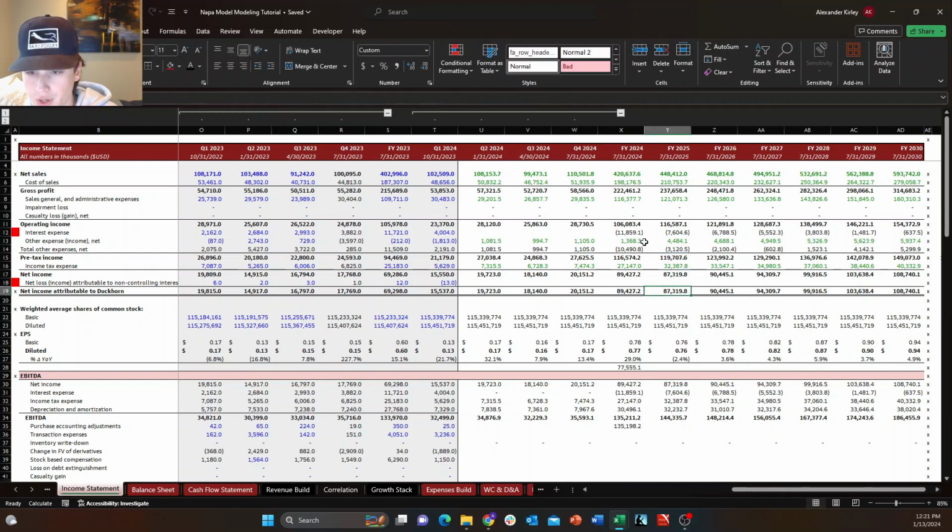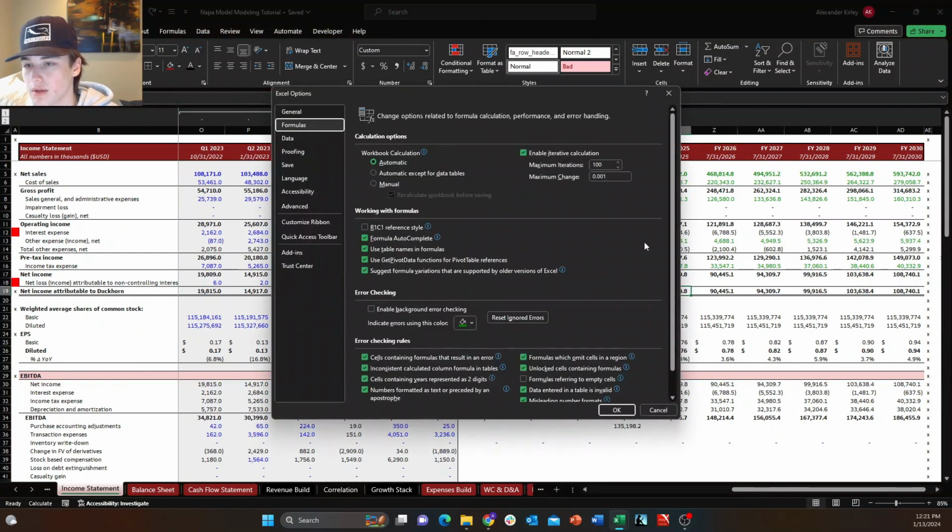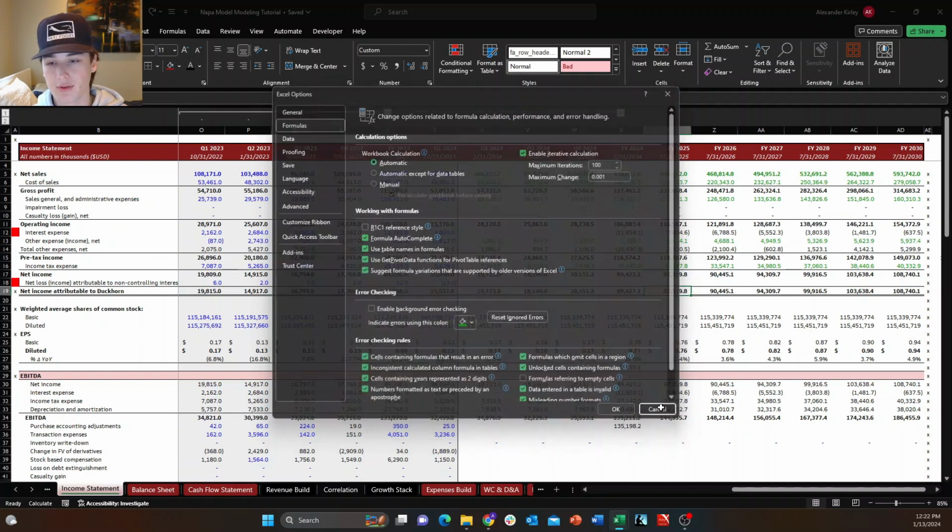One thing I should note as well is go to Alt-TO, down to formulas, and enable your iterative calculation. Your iterative calculation basically forces your formulas to go to 0. If I turn off enable iterative calculations, it won't let me actually input this number here.